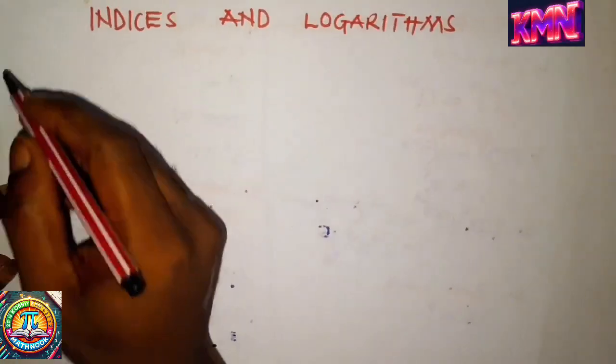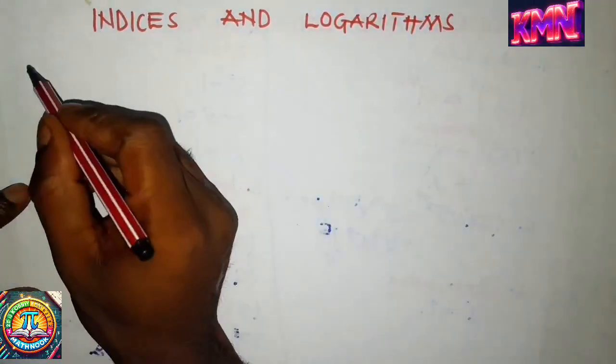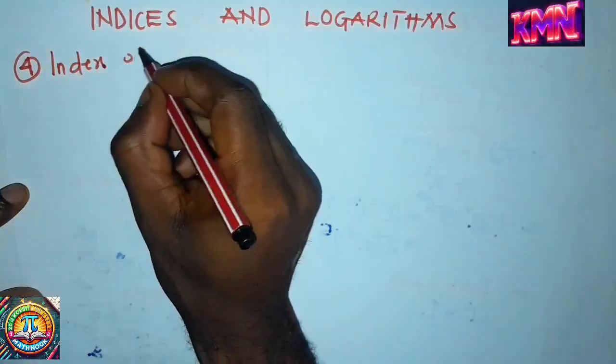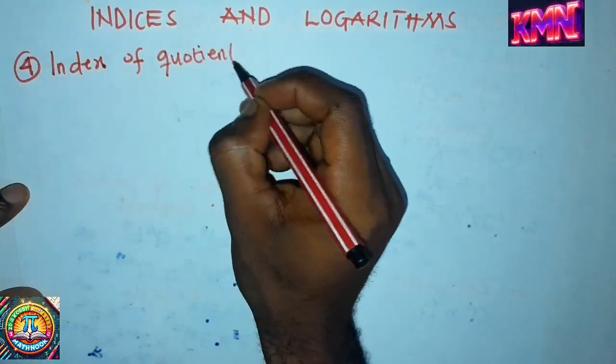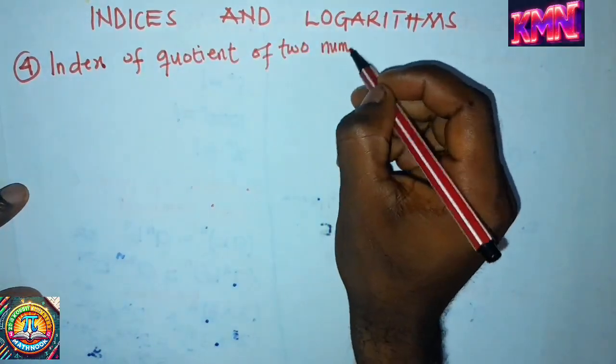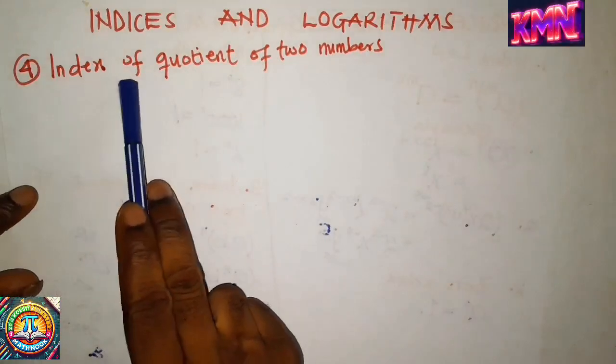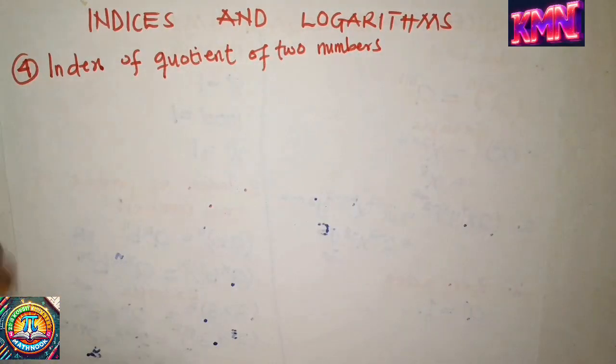The fourth property is the index of a quotient of two numbers.